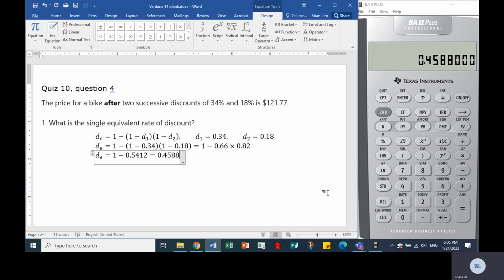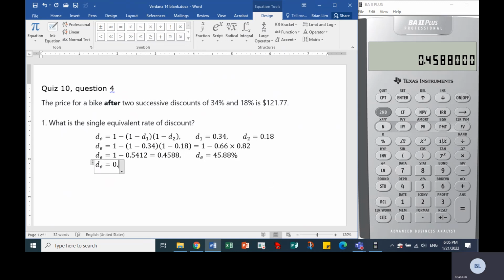All right, so if we wanted it as a percent, we multiply by 100, so we will get 45.88%. Maybe we can put it on another line and have the display like this.